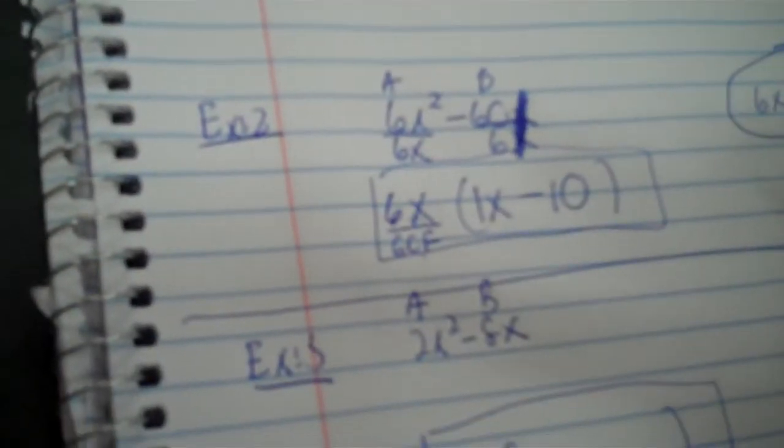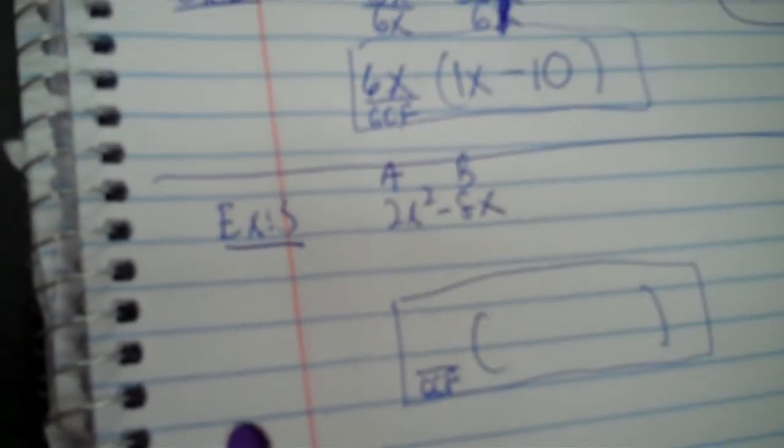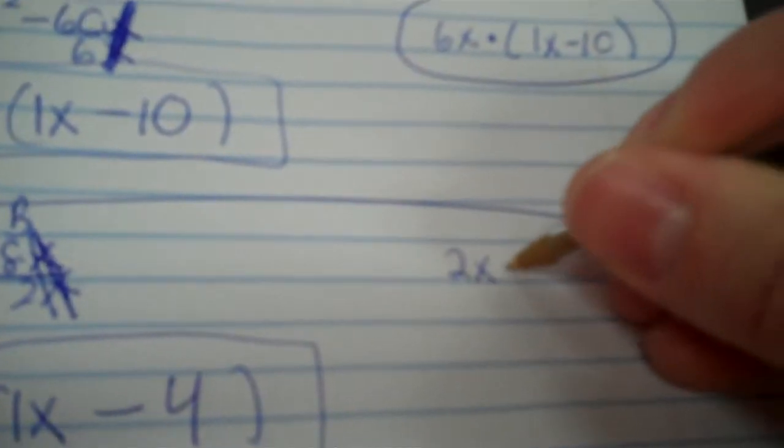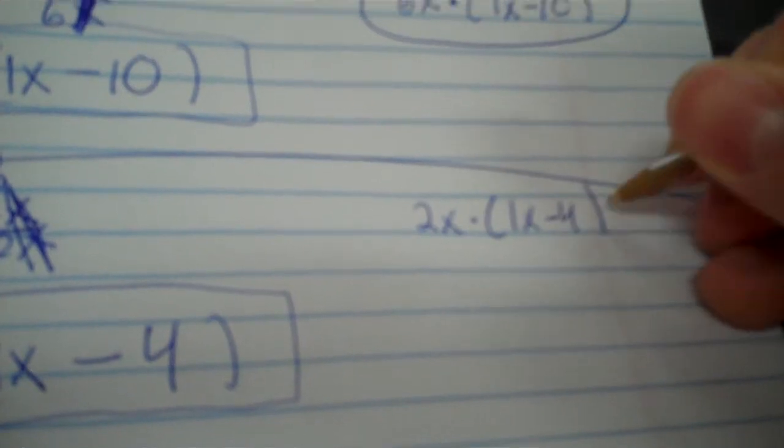So 2 is going to be our greatest common factor. And also x goes with that as well. Now I underline both of these and I divide both of them by what I have here, 2x. Always cross out the final x. 2 divided by 2 is 1. X to the second divided by x would be x. Minus 8 divided by 2 is 4. So I've factored this into 2x times 1x minus 4.